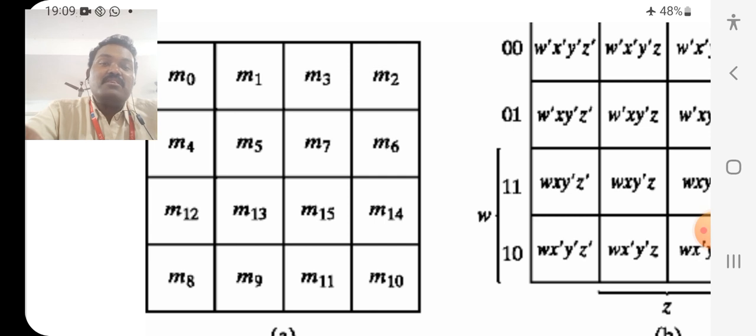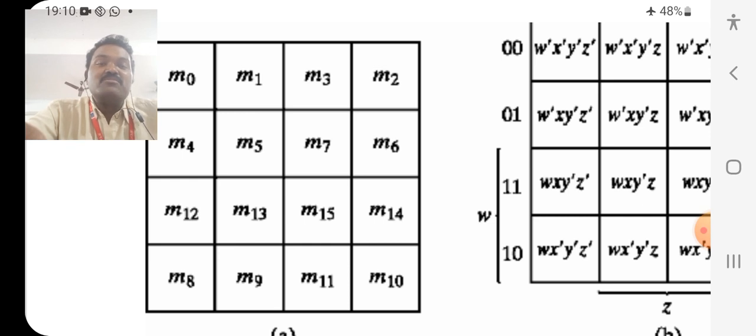Then minterm 8 goes to fourth row, first column. Minterm 9 in fourth row, second column. Minterm 10 in fourth row, fourth column. Minterm 11 in fourth row, third column.